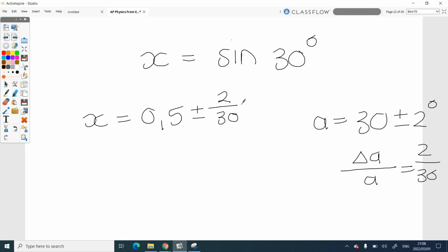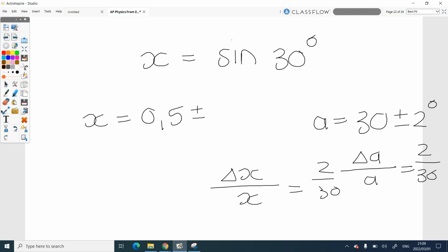But remember, that is the fractional uncertainty, not the actual uncertainty. So the fractional uncertainty in x is equal to 2 over 30, but I know that x is 0.5. So to get the uncertainty in x, I have to multiply my 2 over 30 by 0.5.